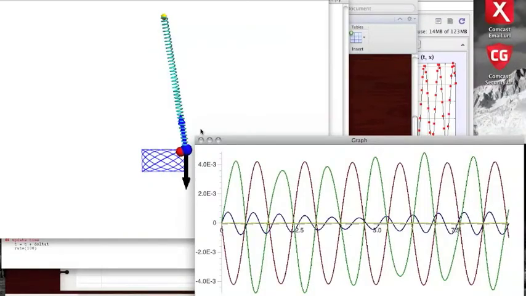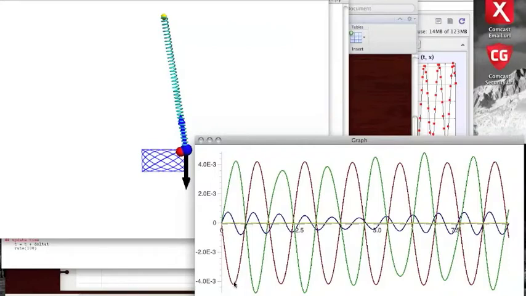From the graph, we see that for each period of oscillation, these are each the periods, the kinetic energy and the potential energies of both the spring in green and the potential energy of the gravity in the red line came back to zero. But in between the oscillations, the magnitude of the spring potential energy was at the greatest value for that period, and so was the gravitational potential energy.